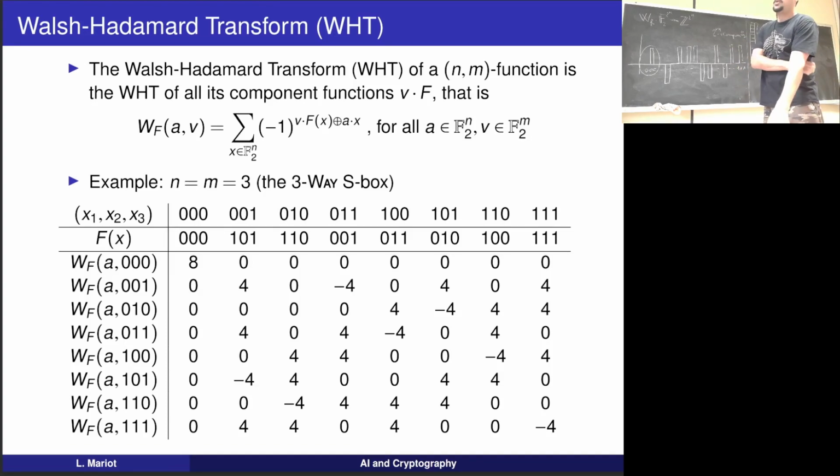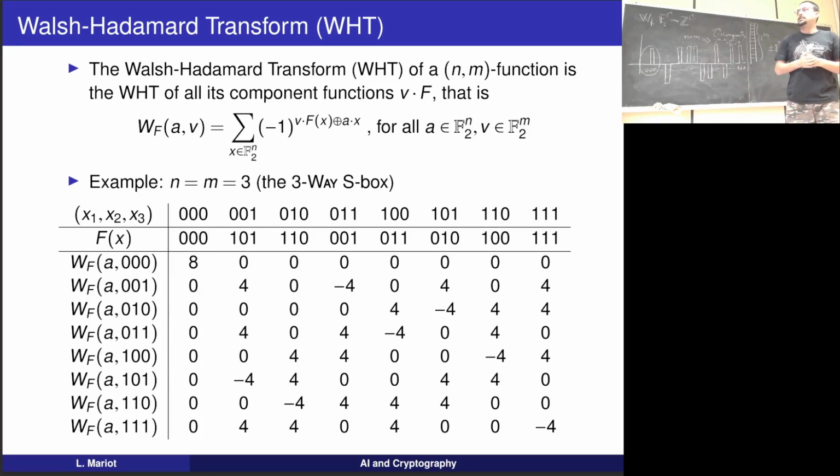What does it mean? It means that when you are considering n equal to m, then basically what you get is bijectivity, because you will have 2 to the power of n minus n. So 2 to the 0, which is 1, which is that any output needs to have exactly one preimage, which is exactly the definition of bijectivity.